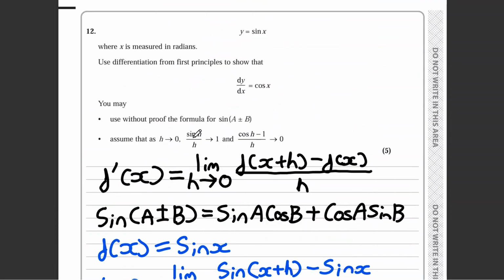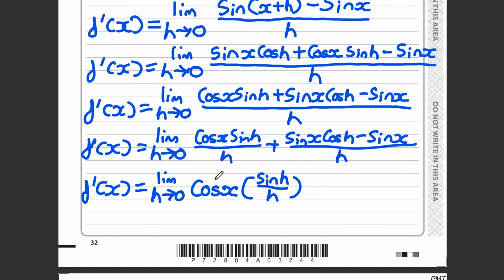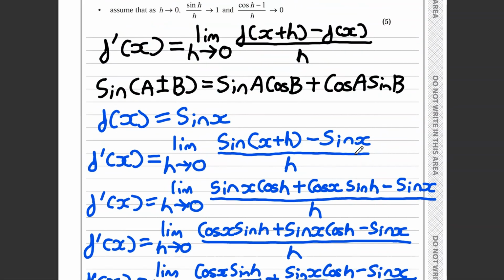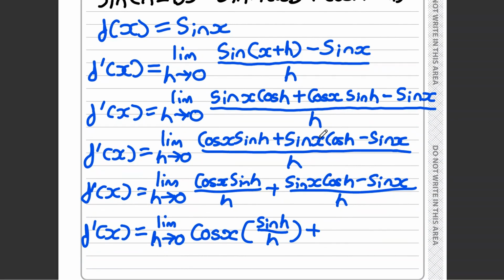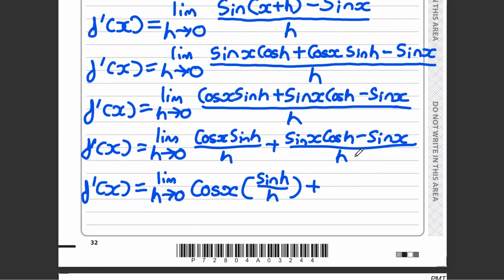So we know that this here approaches 1, and then it's going to be plus. Now here we have sin x cos h minus sin x over h. Here we have cos h minus 1 over h, which approaches 0. So if we factorise out sin x, it'll be sin x, and then cos h minus 1 over h, like this here.